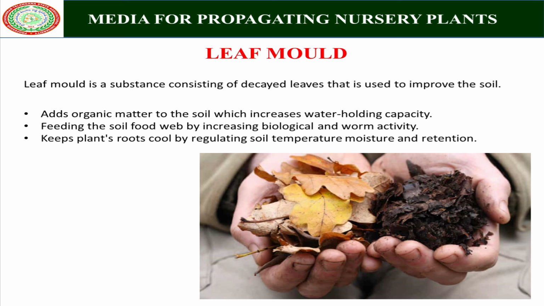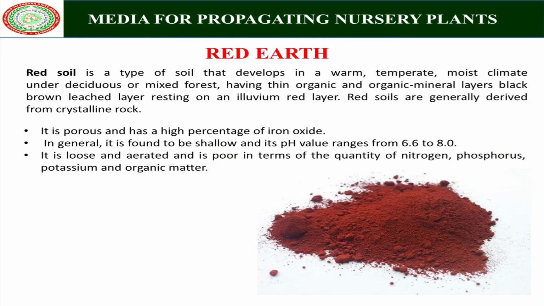And it will keep the plant roots cool and it will also regulate the temperature of the soil and it will improve the moisture and water retention capacity of the soil. So the leaf mold can also be used as a mixture in a potting mix.